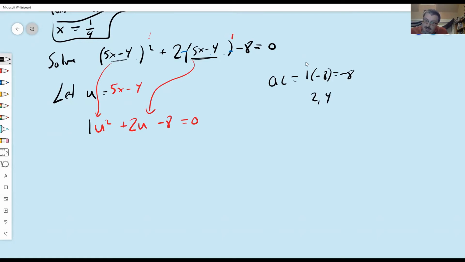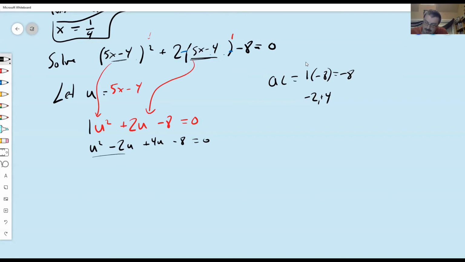To get a plus 2 right here, I'm going to have to do a minus and a plus. Minus plus. So I have u squared minus 2u plus 4u minus 8 equals 0.